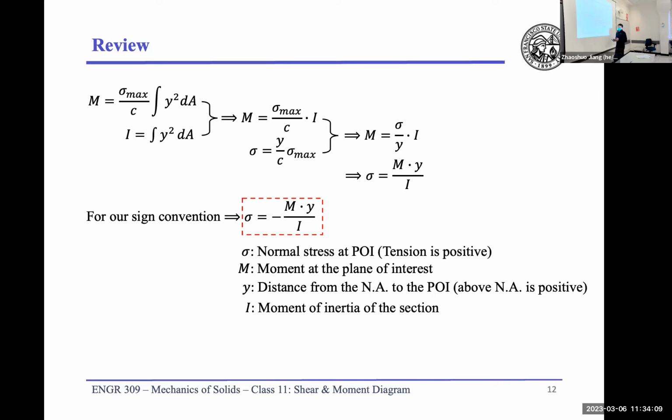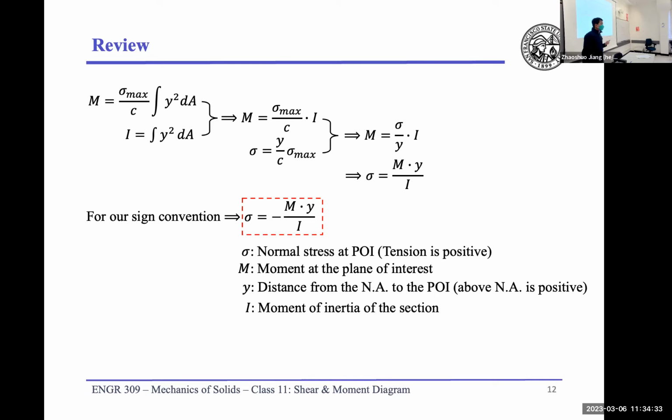All right. If no questions, let me ask you a question. If you look at this equation, we need to have the moment at the plane of interest, which we already know how to do. We can draw a moment diagram, identify the point of interest, and know what the moment is.